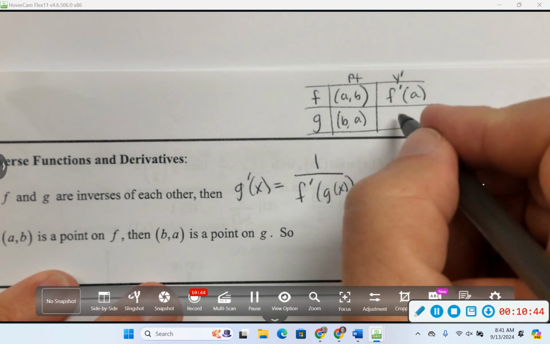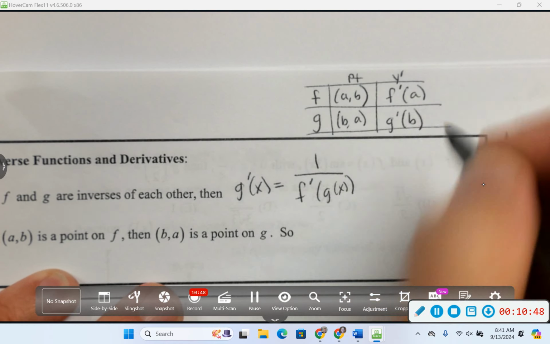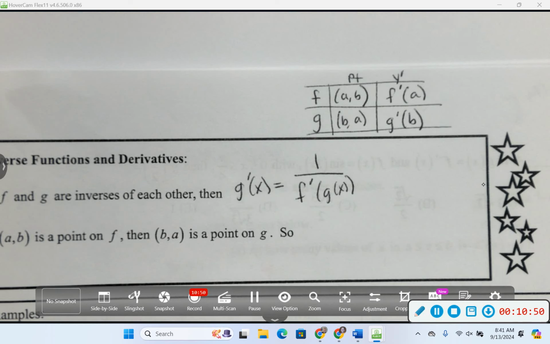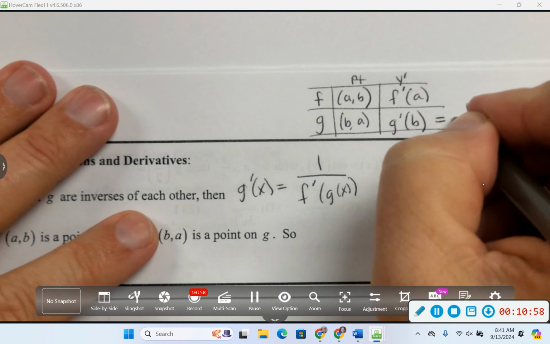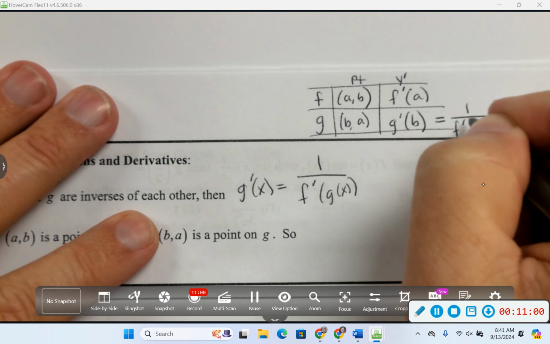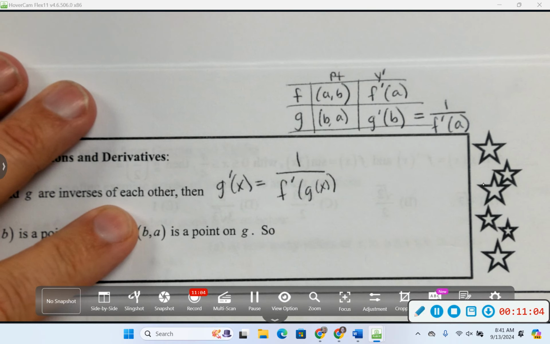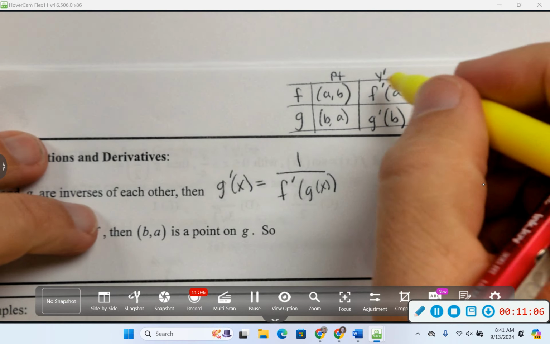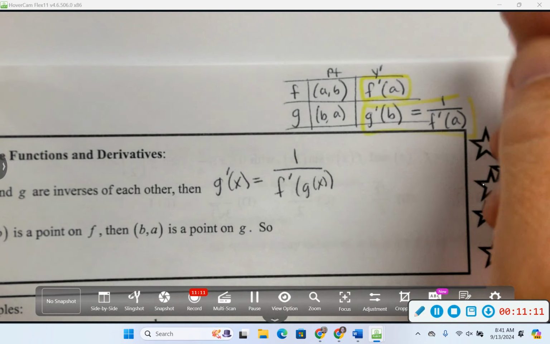But here's the important box of this little square. The derivative of g at b, so at the corresponding point, is the flip, the reciprocal of the derivative of f at a. These two boxes are reciprocals.